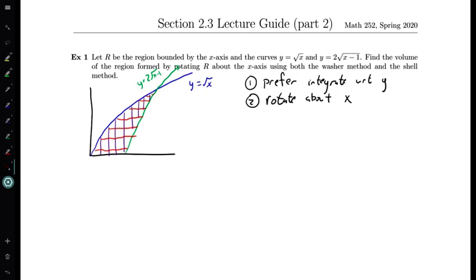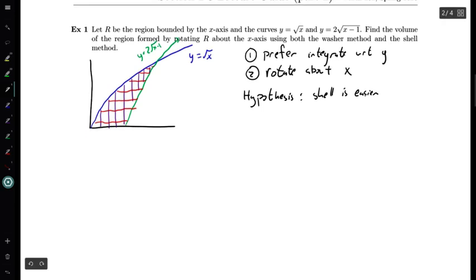Those are not equal, which tells me that the shell method is probably easier here. So let's make that hypothesis and see what happens. All right, great. So maybe let's do the shell method first. We'll see how it is. In fact, this is one that we've already done with the shell method.